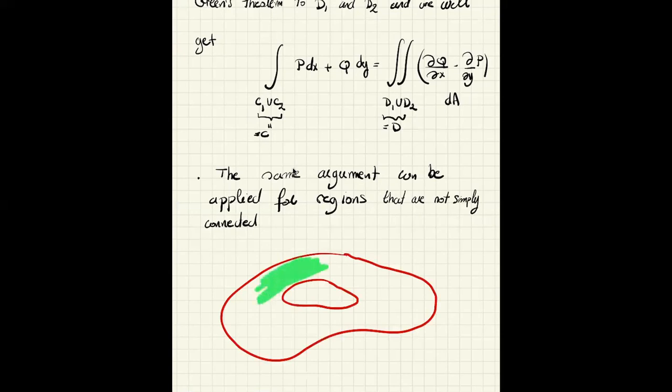The right definition is not really a hole. The right definition of simply connected is that every loop can be continuously shrunk to a point. When this cannot happen, the region is not simply connected.